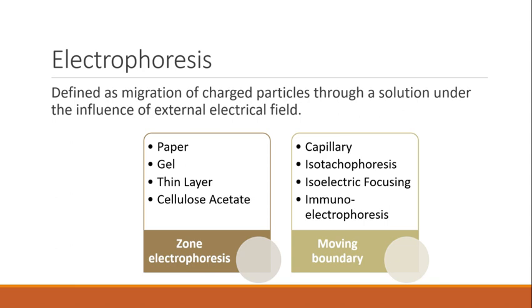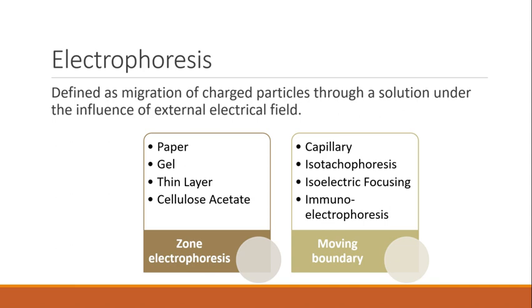Now there are two forms of electrophoresis: zone electrophoresis and moving boundary electrophoresis. Zone electrophoresis means migration of charged particles on membranes, like paper, cellulose, gel, and all these things we have discussed.